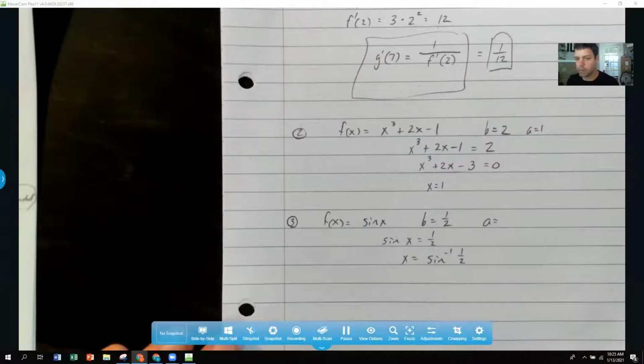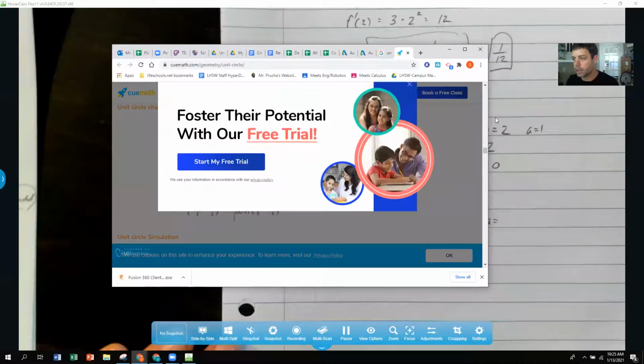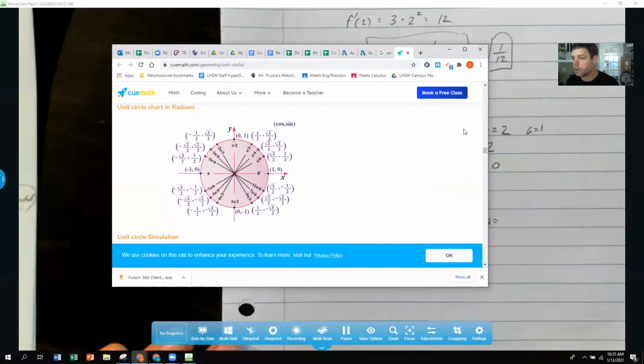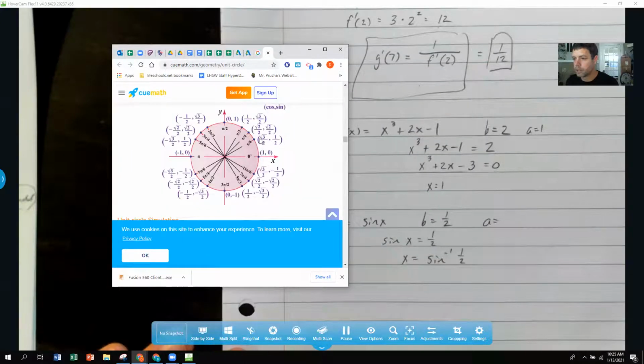You should have one already printed out on your desk as you're working. Here is one that I just pulled up. Make sure that you are using the one with radians. The first number in the parentheses is cosine, the second one is sine. So where does sine x equal 1/2?